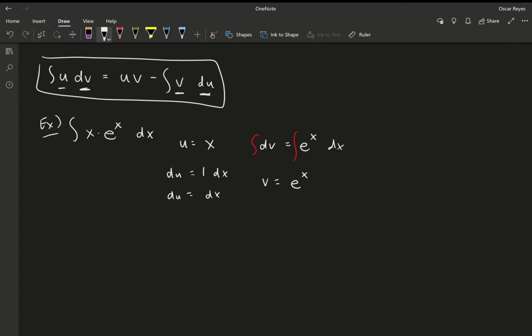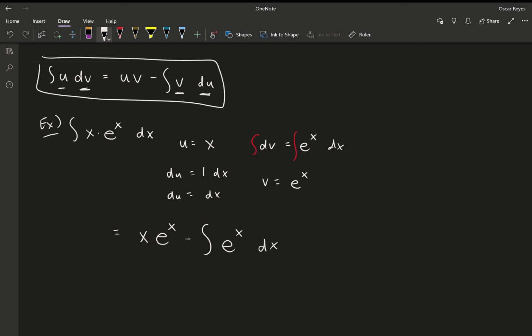If you take the antiderivative of e to the x, it also gives you e to the x. So what we can do now is set this whole thing equal to what our equation states: u, which is x, v, which is e to the x, minus the integral of v, which is e to the x, du, and du is just dx.